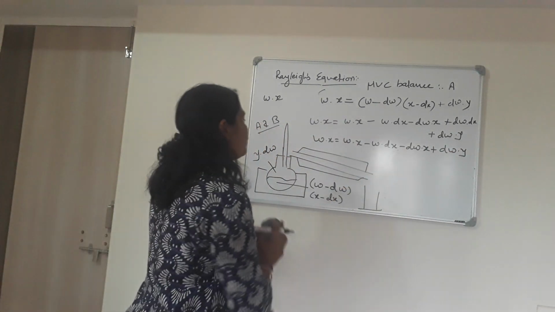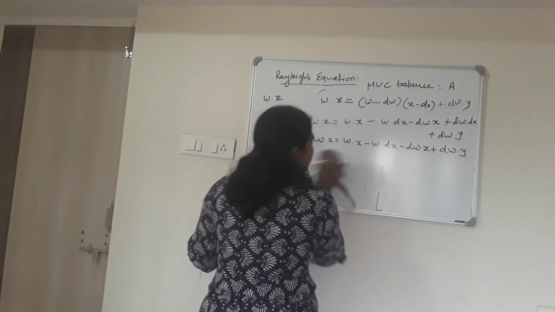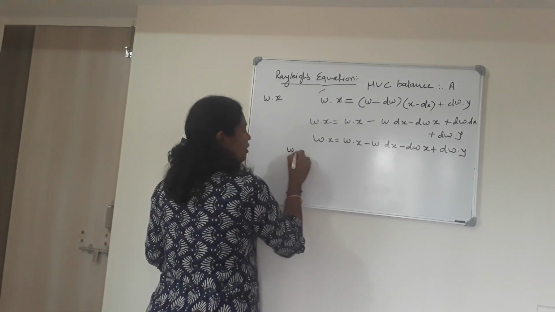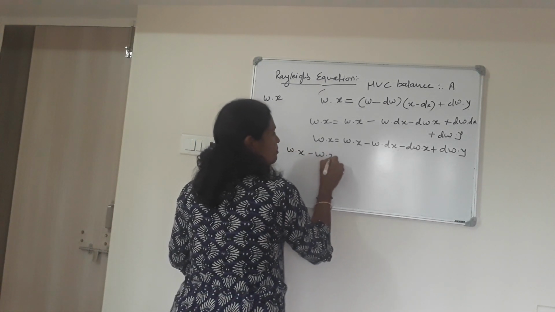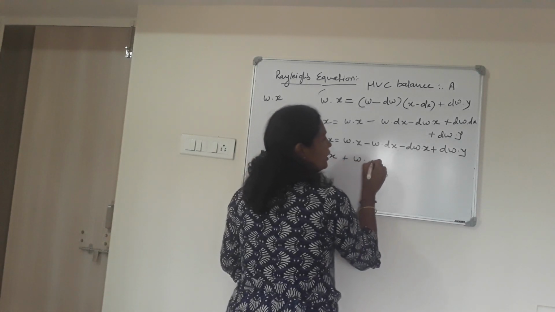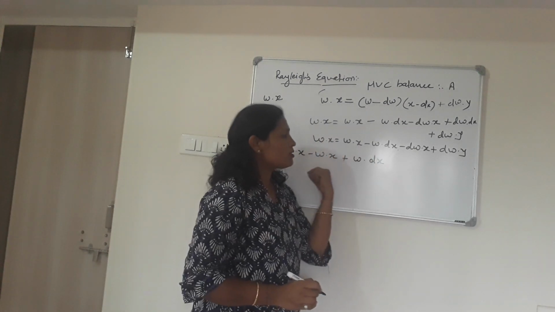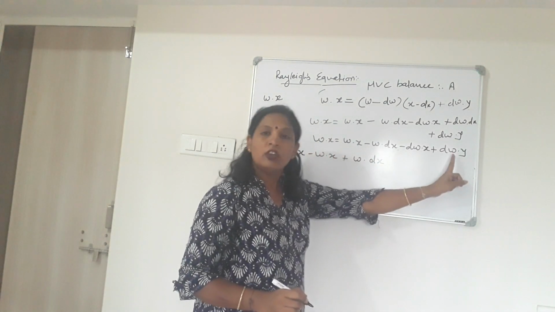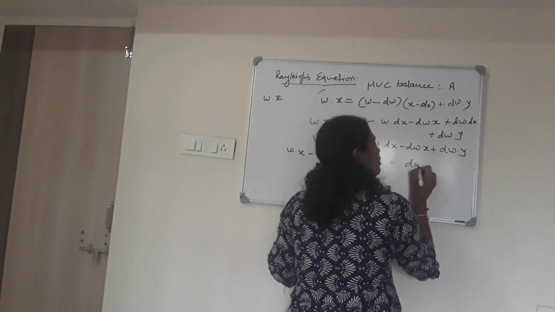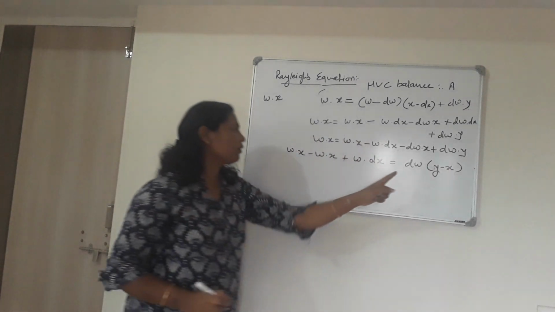So we can rewrite the equation to solve it. It becomes W into x minus W into x, and taking this on this side, plus W into dx. Why am I taking this on the other side? See, here it is dW and here it is also dW, so we can take dW out, and we can write y minus x.